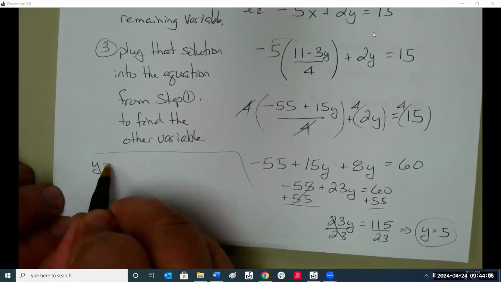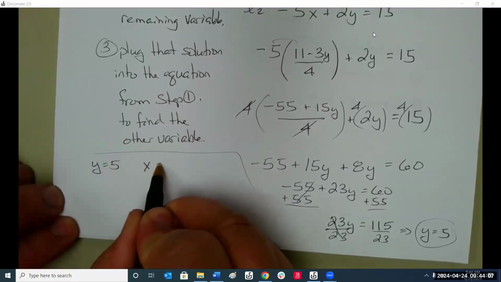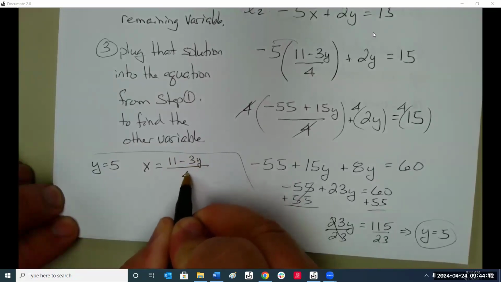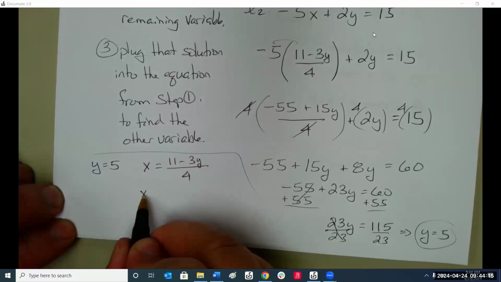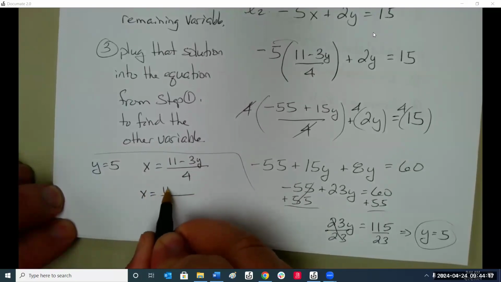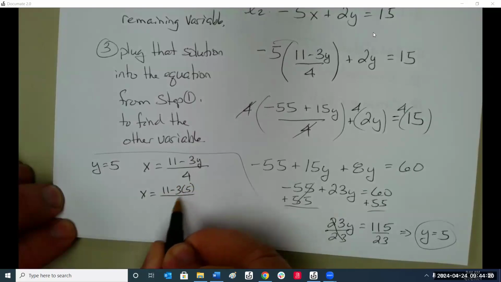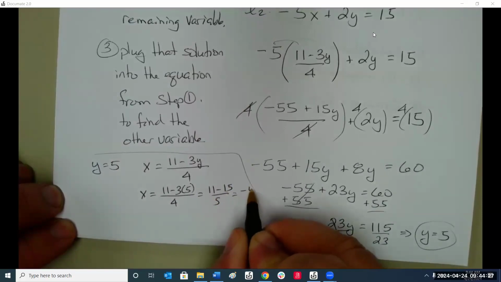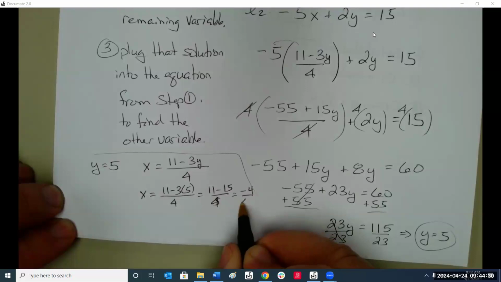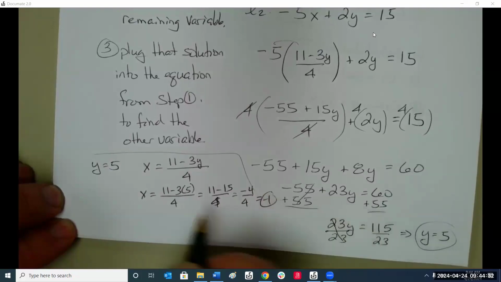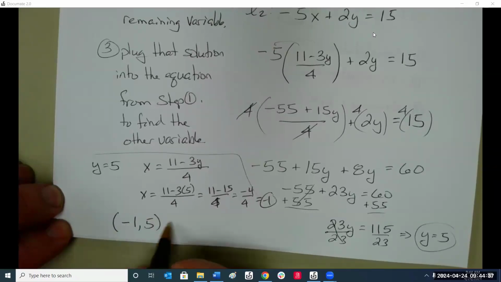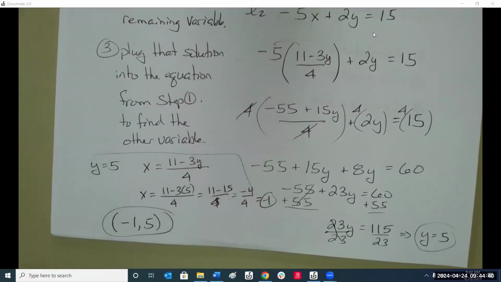So we know that y equals 5, x equals 11 minus 3y over 4, x equals 11 minus 3 times 5, 11 minus 15 over 4 makes it -1. So that's your place of intersection.